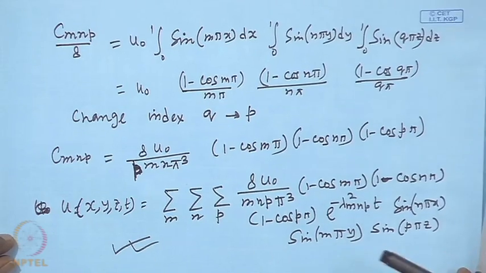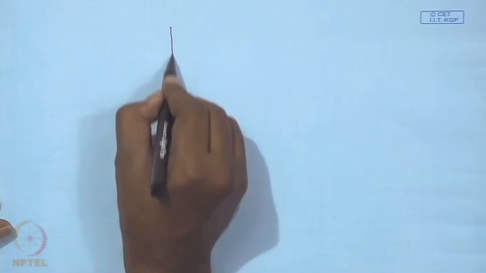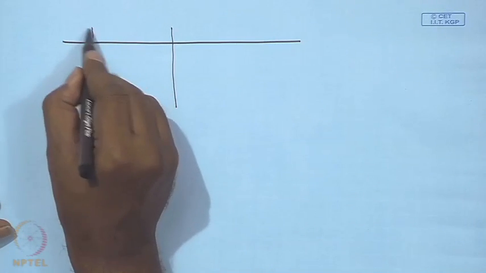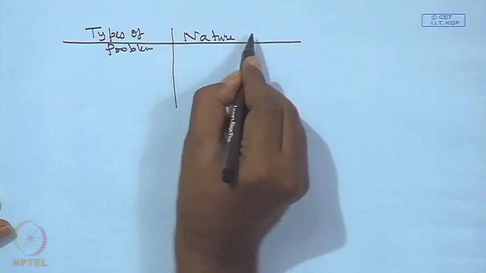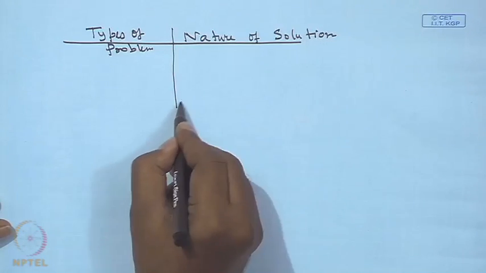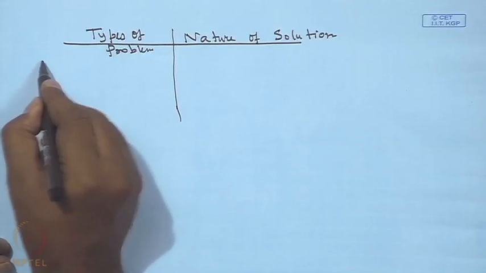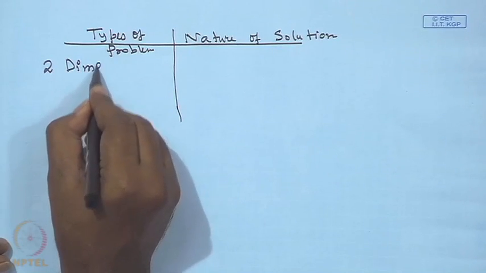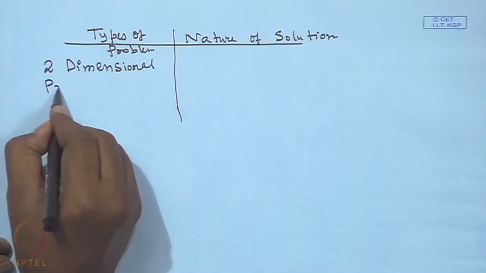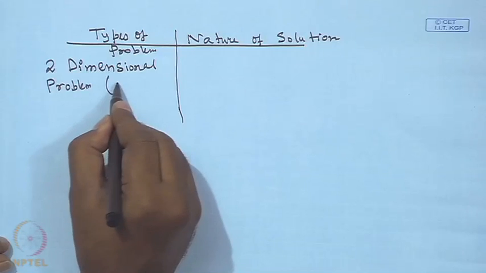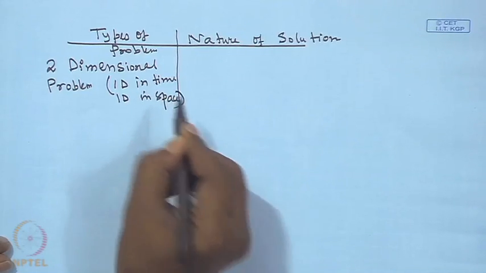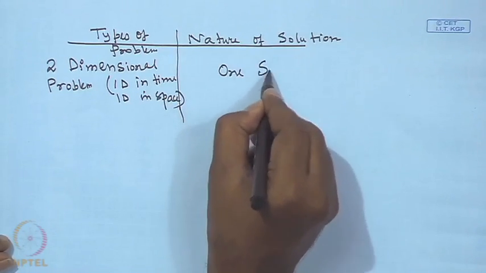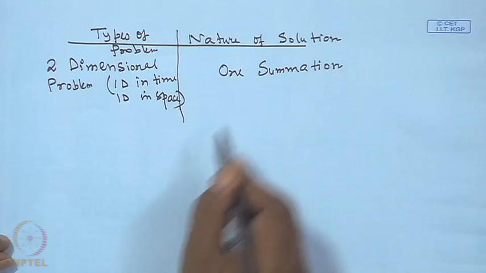Now, if you see a typical sequence of things whatever we have done, let us say for types of problems and nature of solution: if it is a 2-dimensional problem, that is one dimensional in time and one dimensional in space, we will be getting one summation in the solution.